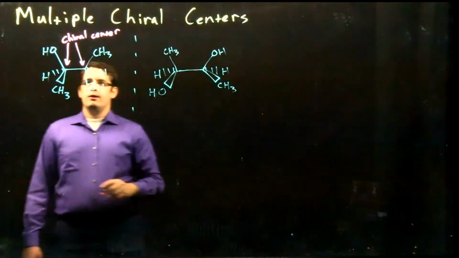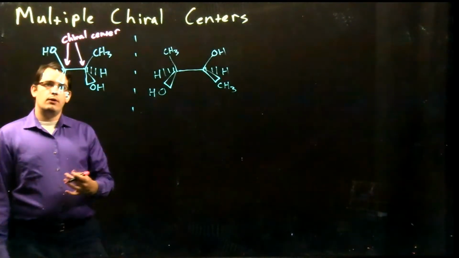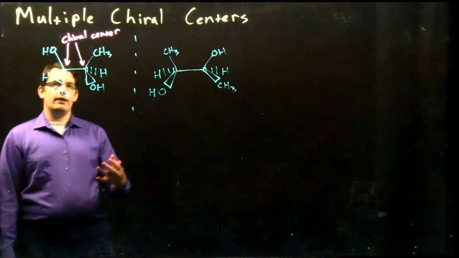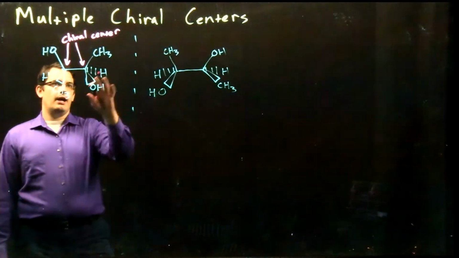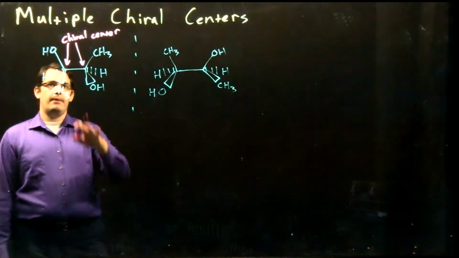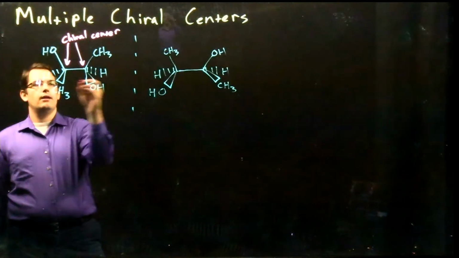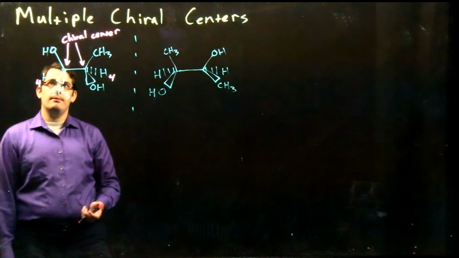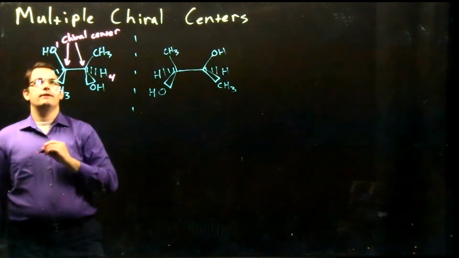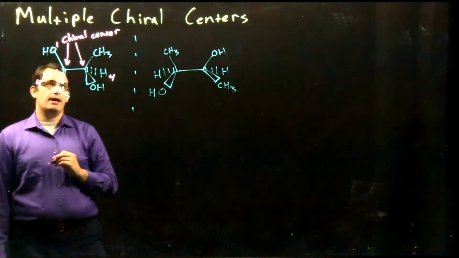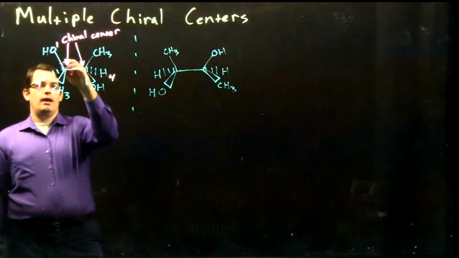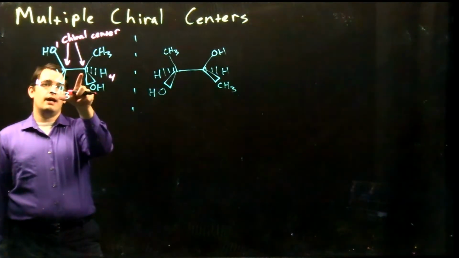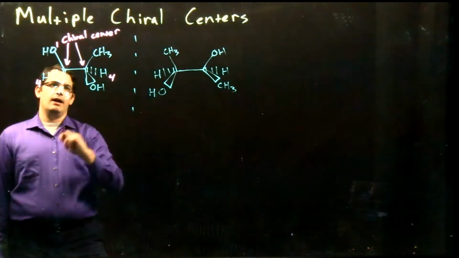Now, if I take a closer look, using our rules, I can also determine what the configuration is here. My hydrogens are both pointing to the back. These are my low priority groups because they have a low atomic number. Oxygen has the highest atomic number, so it's going to be my highest priority group. Then next I have my 2 carbons that are tied, but this carbon has an oxygen attached.